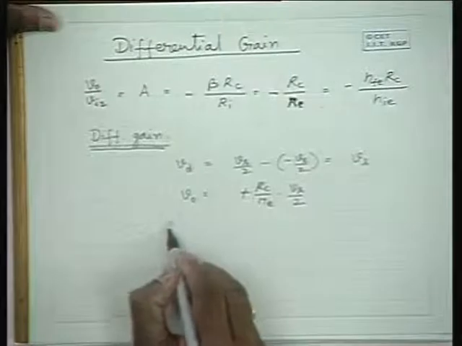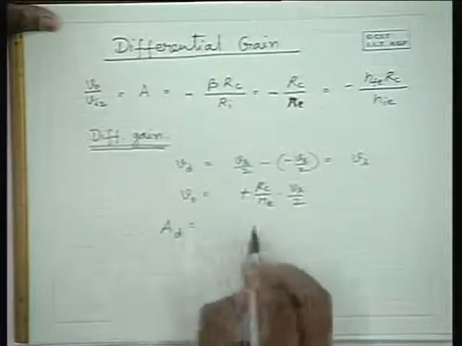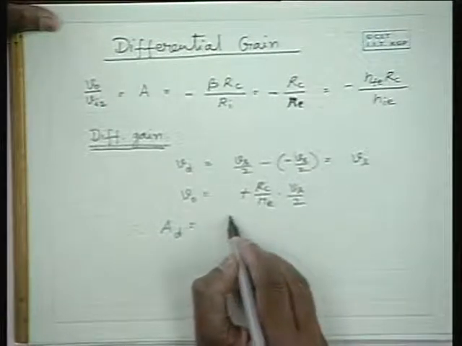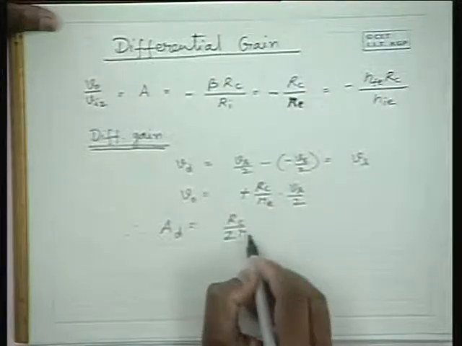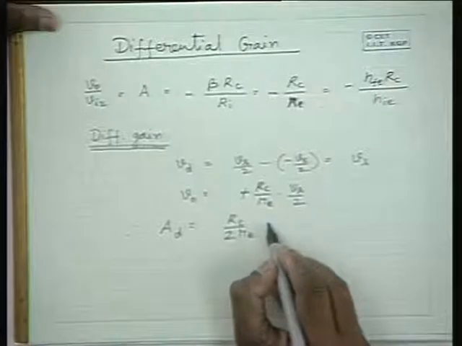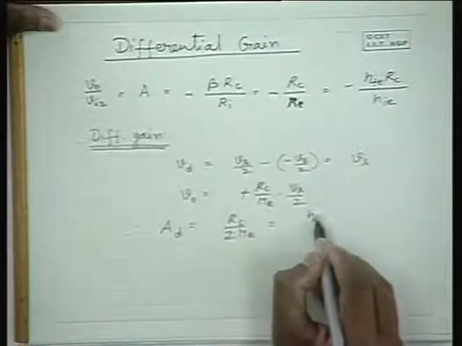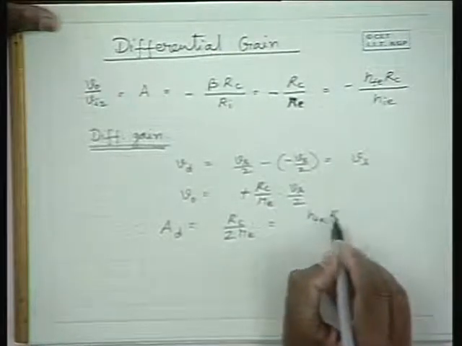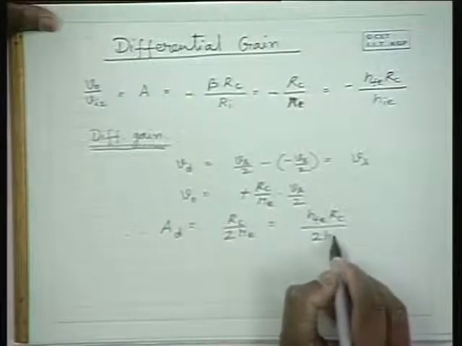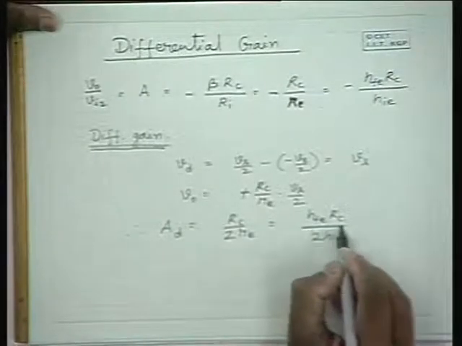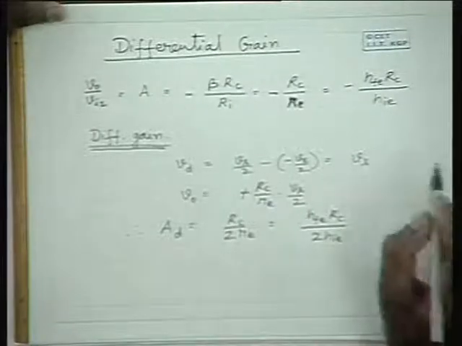Therefore, the differential gain is equal to R C by 2 R E, and this is equal to H F E R C by 2 H I E in terms of the H parameters.